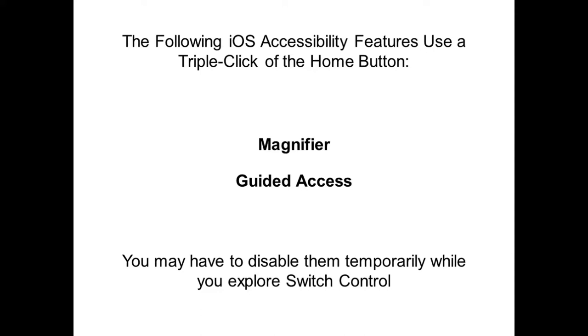And with guided access, the same thing. The way that you activate guided access, which is the single app mode on iOS devices, is you triple click the home button. So you may need to temporarily disable both of those, magnifier and guided access, just while you're experimenting with switch control. Once you're more advanced and you know what you're doing, then you can go back in and use switch control in combination with these features.